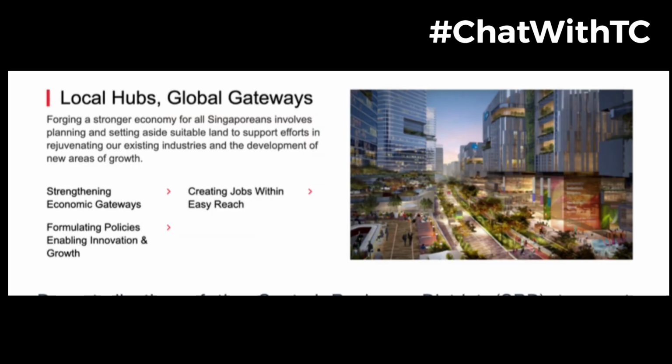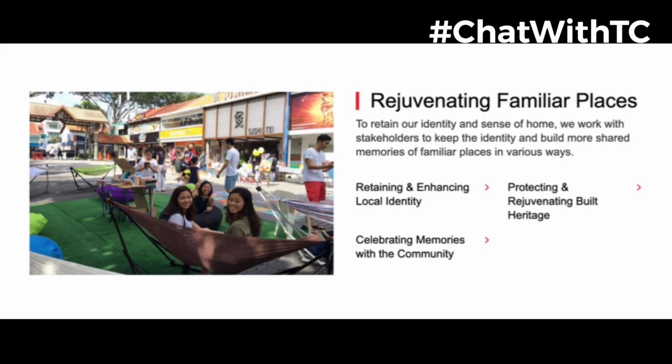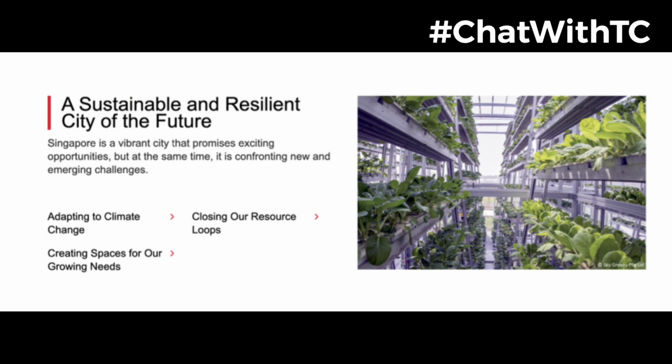Decentralization of the Central Business District, CBD, to create and develop business nodes and industrial estates outside the CBD is another key theme for the current URA Master Plan. The idea is to drive economic growth and job creation, as well as allowing residents to live closer to their workplaces.